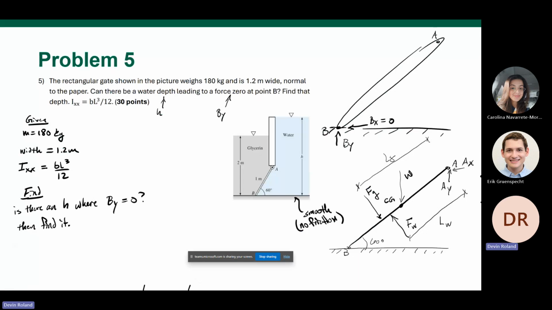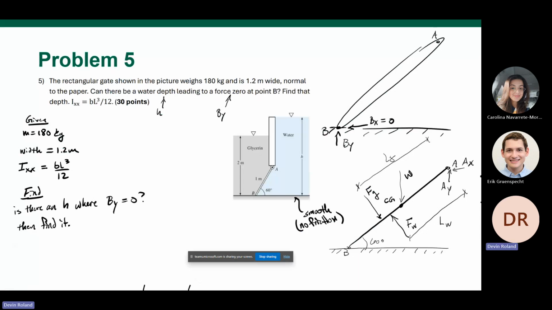The layout of this problem is we're going to compute these forces, and then compute the lines of action, these L values. Then we're going to sum the moments about A, which is why I said that the A forces don't come into play, because they won't affect your moment sum. And then that balance of moments is going to let us solve for the total H value.